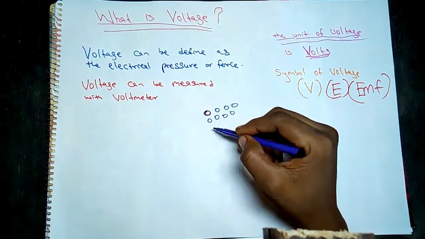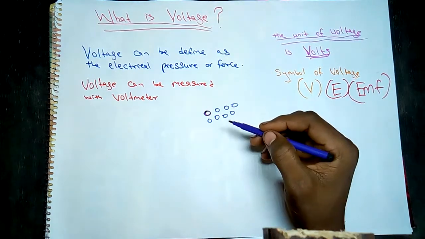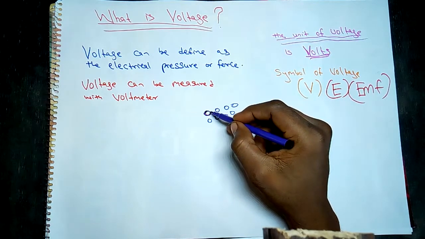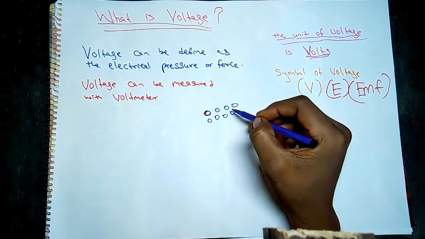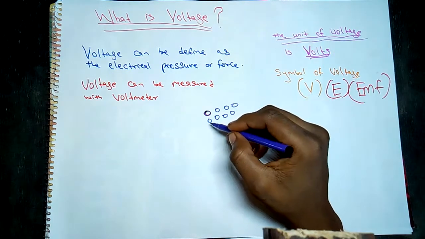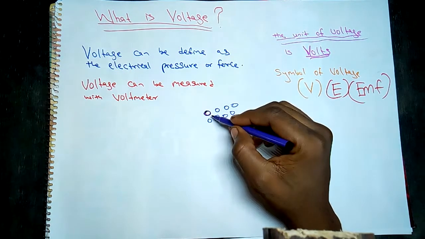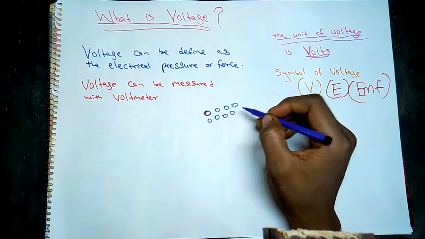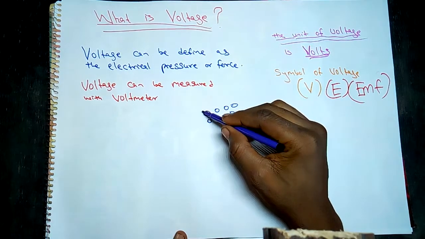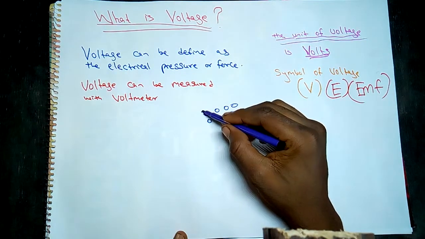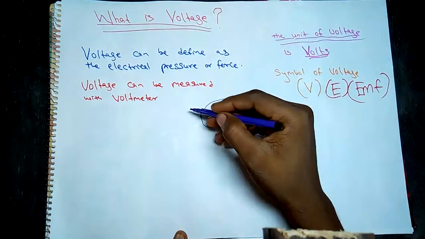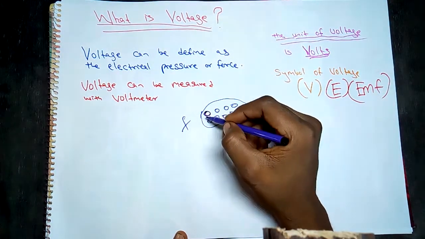This electron is standing in one place without movement, and we need this electron to move in order to perform work. So there must be something that can push this electron in order to perform work. That thing that will push this electron is known as voltage, which will serve as a force.